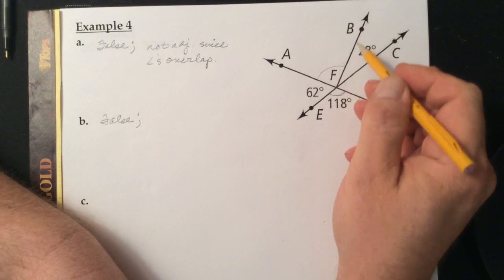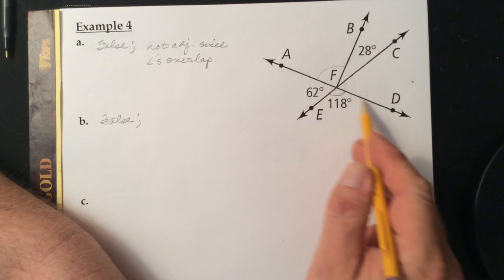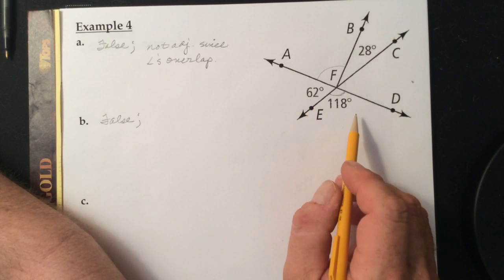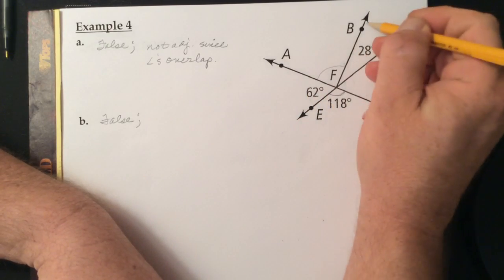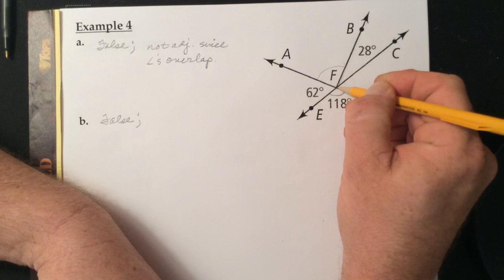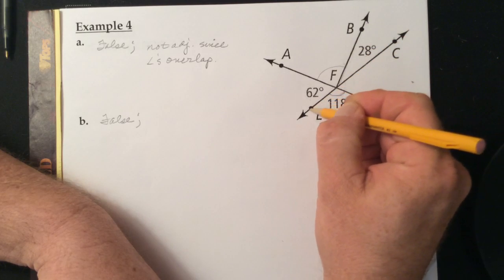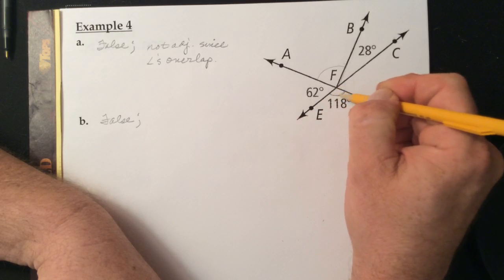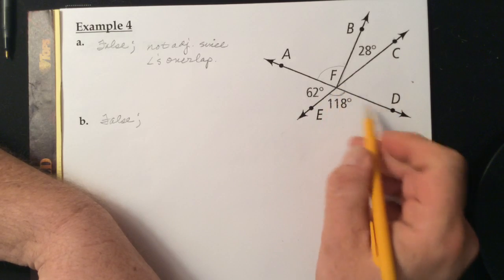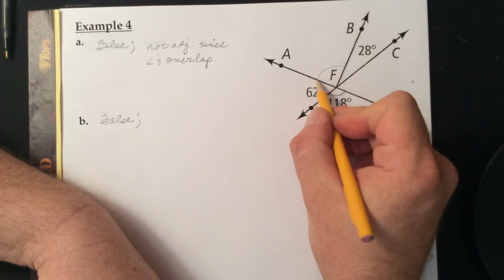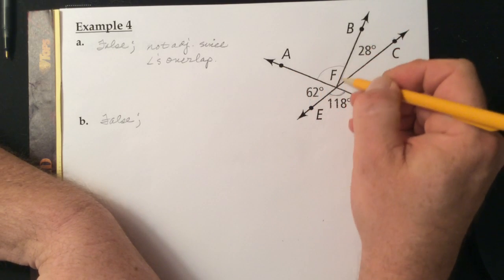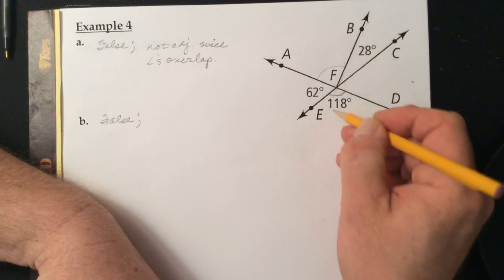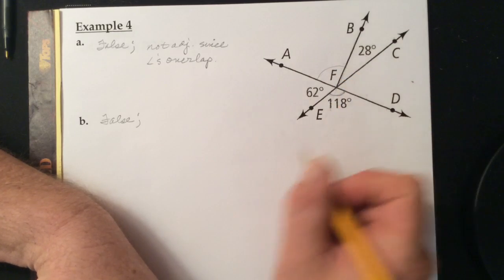Because vertical angles are created by 2 lines that intersect, creating opposite rays on their non-common sides. So, even though this is a line, this right here is not a line. It suddenly moves off this direction. So this angle right here, angle EFD, is not vertical angles with angle AFB. If this ray had continued to go this way, then we would have a pair of vertical angles.